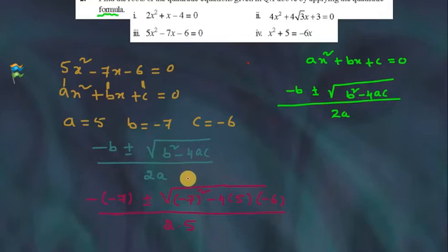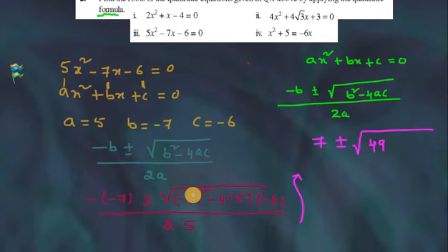It seems to be difficult but simple. The values I am writing: minus b, b square, 4ac. Now you go for further simplification. So what is the simplification here? Minus of minus 7, you know that this is positive 7, plus or minus square root of, you will get 49. 7 square value is 49.